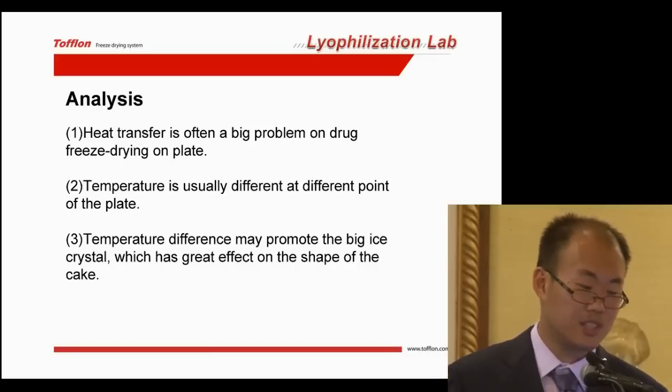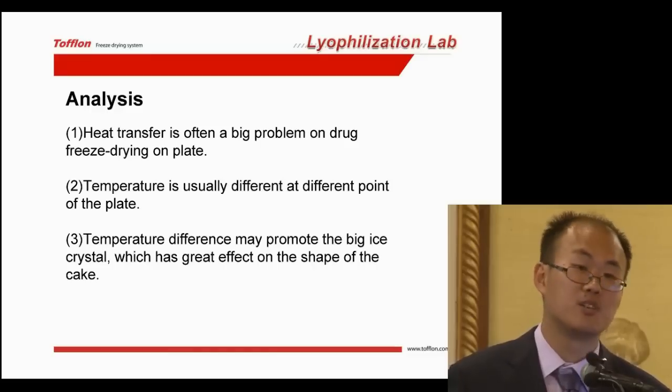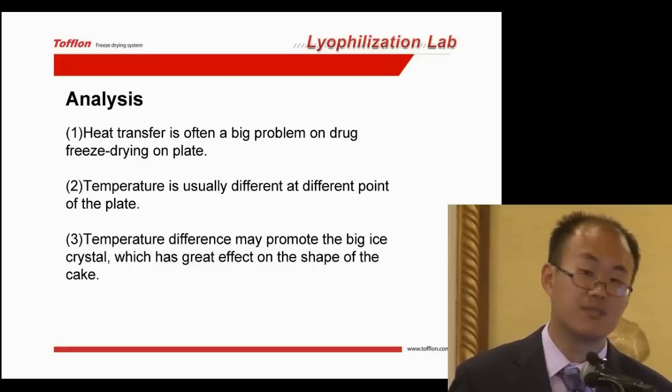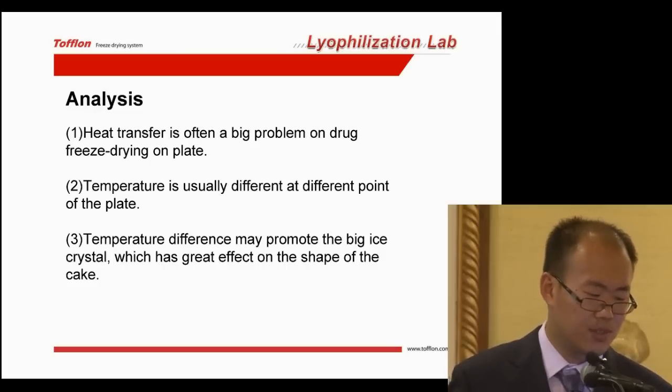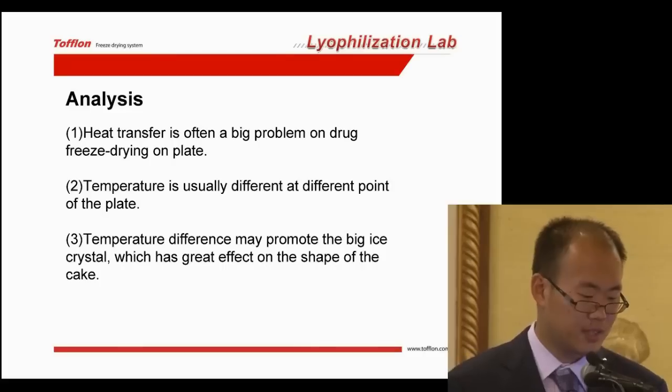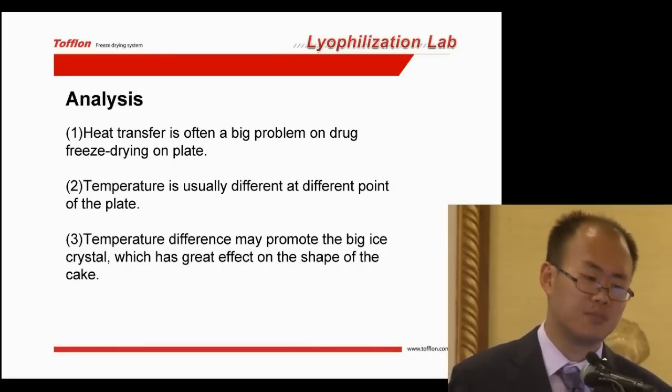Near the door, the temperature is usually higher, and in the center of the plate, the temperature is usually very low. The temperature difference may promote big ice crystals, which has a great effect on the shape of the cake. So if I want to get a good shape, we must consider mass and heat transfer, especially the heat transfer on the plate.